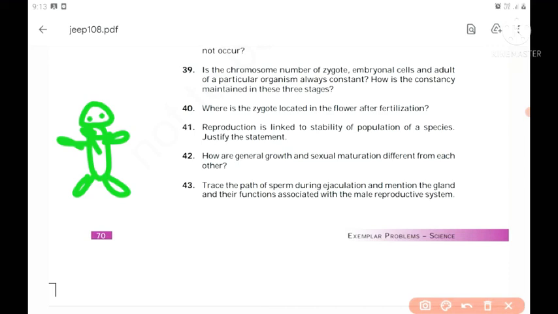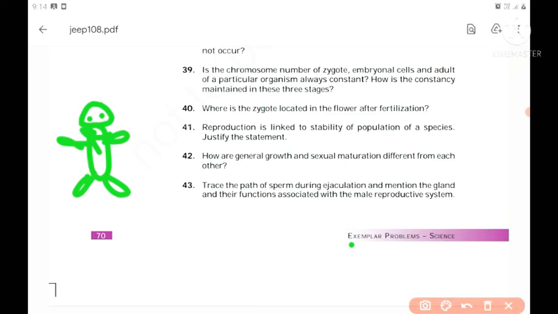Does it mean that your sexual maturation has happened, like you reach your adolescence age and then you started having the maturations? No, right? See, general growth is nothing but growing in size. That's it. Your body grows, and it's just size, arms, legs, everything grows.